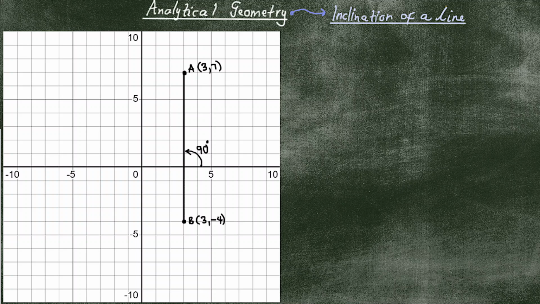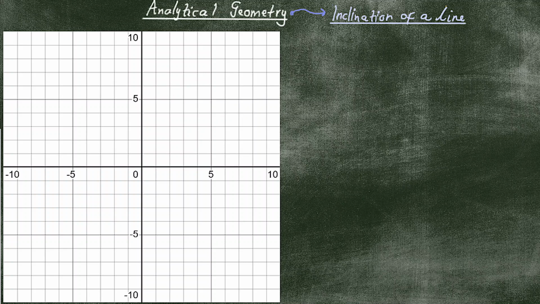And lastly, for a horizontal line, its angle of inclination will be 0 degrees. Why is that? It's because it is parallel to the x-axis.